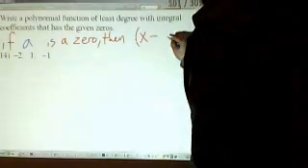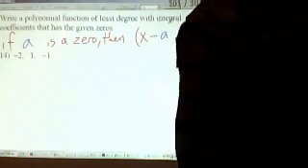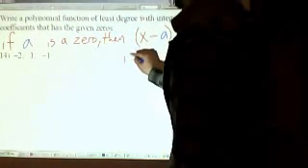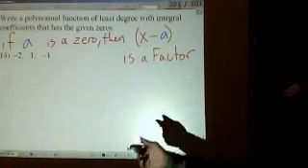If the number a is a 0, and I kind of want to write this a in blue, if a is a 0, then x minus a, put that in red, is a factor of our polynomial, okay?